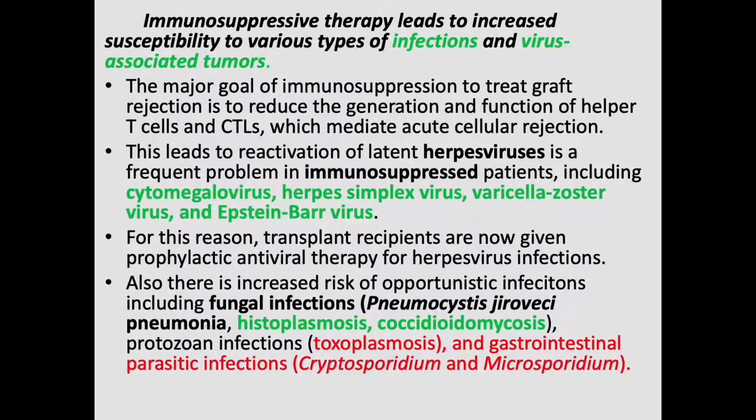If we suppress the immune system, virus-mediated tumors, for example cervical carcinoma, which is mediated by HPV, can proliferate and cause earlier onset of cervical cancer, okay? This is because of immune suppression.